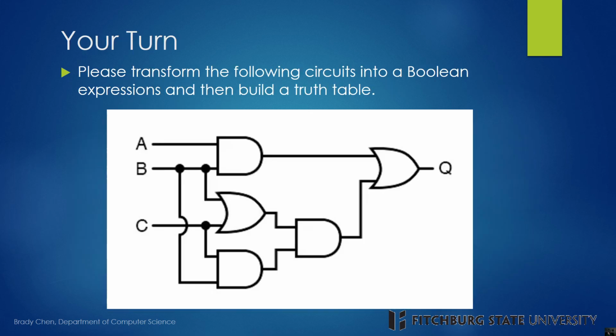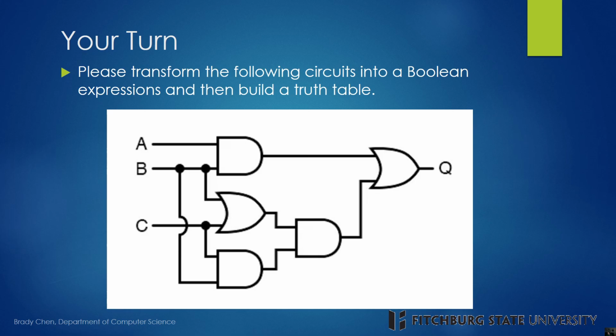Okay, so let's wrap up module 2 with this particular problem. Here we have a circuit diagram with three inputs, A, B, and C. The output is Q. Please work on this diagram and try to figure out what the Boolean expression is.